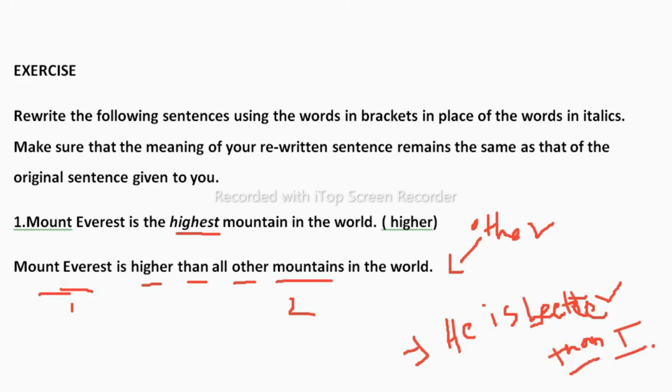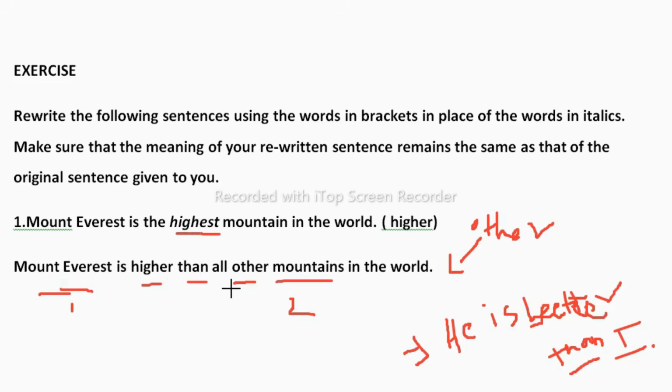You are better than I, or you are better than me. I'm smarter than you. She is smarter than her. Here we are not using the term other in comparative degree. But if we transform a superlative degree into comparative degree without changing the meaning, then we use the word other. So here this superlative degree sentence is there. We are transforming this superlative degree to comparative degree.